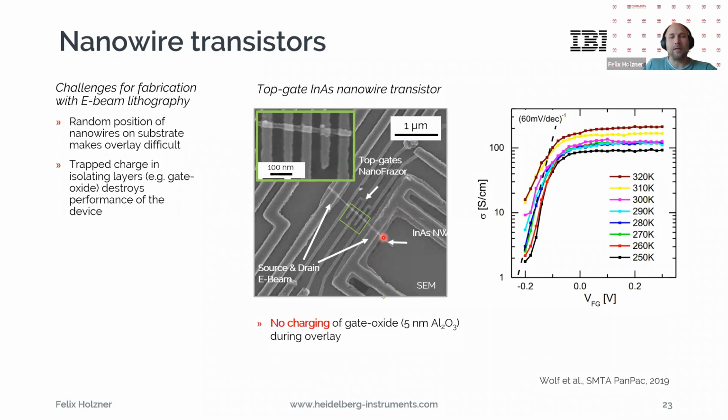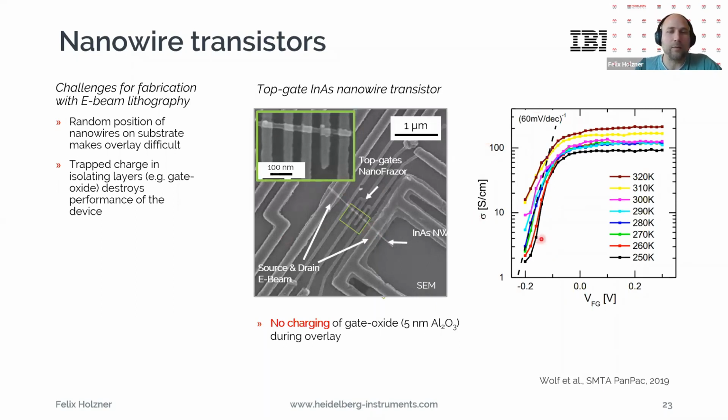But I show this example here because that was actually our first example where we realized, hey, actually, it's a real advantage that we don't use a charged particle beam for making lithography. Because here at IBM, they used to do these devices with e-beam lithography only. And they had always issues because if you write here on top and you have a gate, insulating gate oxide around your nanowire, you have some trapped charges and your sensitive nanowire transistor doesn't switch properly at 0 volts and behaves a little bit weird.